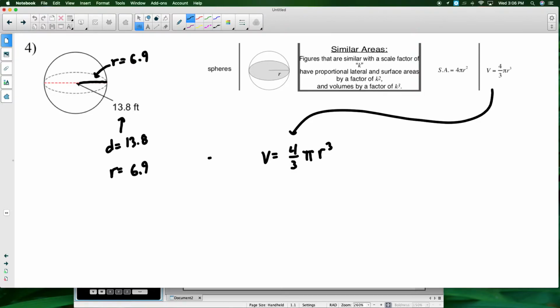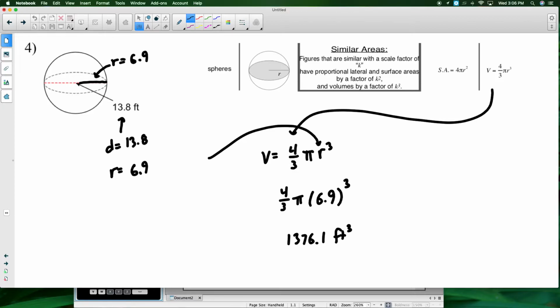And that's what we're going to use in here. 4/3 pi, 6.9 cubed. So that's what we're going to type in the calculator. 1376.1 feet cubed.